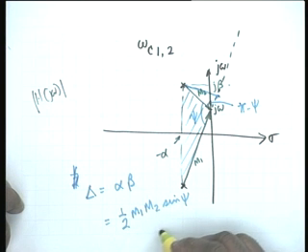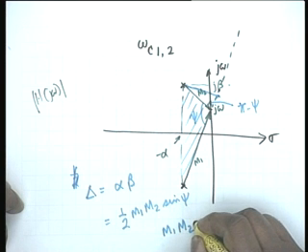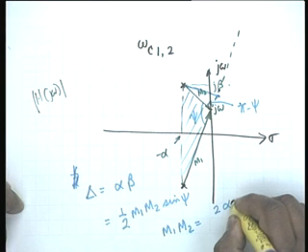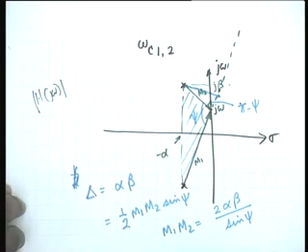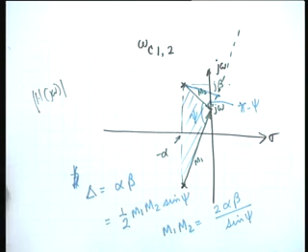Alright. So, the reason for finding this out is that m1 m2 is equal to 2 alpha beta divided by sine psi.